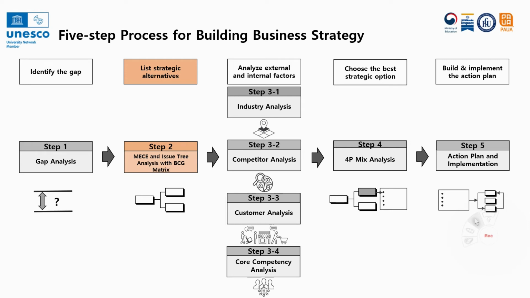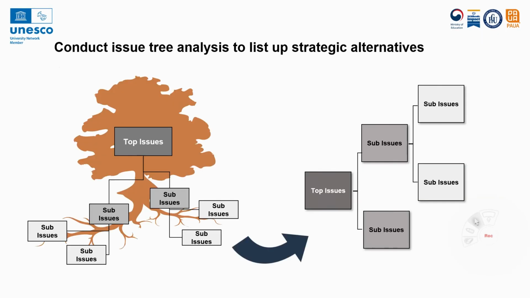So in listing strategic alternatives, MECE and issue tree analysis are required before analyzing all the external and internal factors. Okay? In order to list up strategic alternatives, conducting issue tree analysis is required.